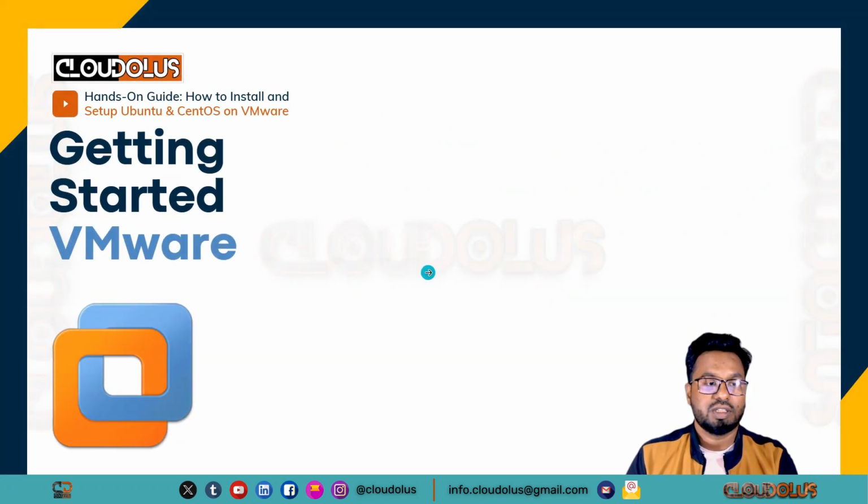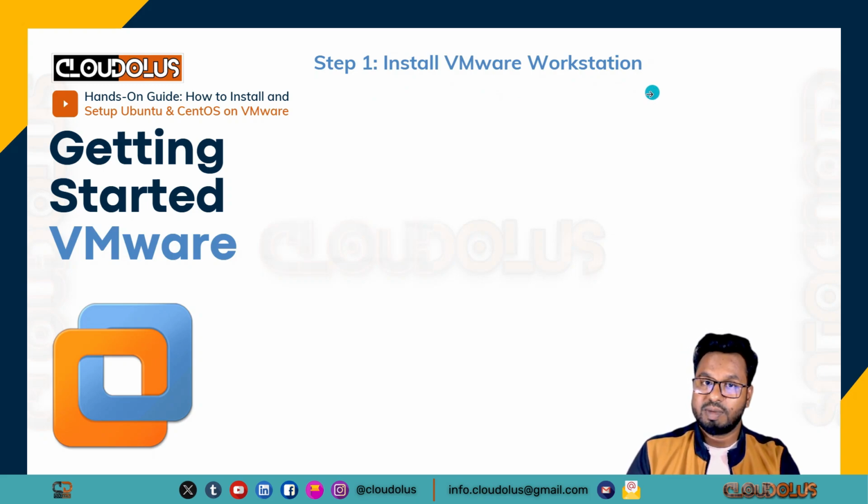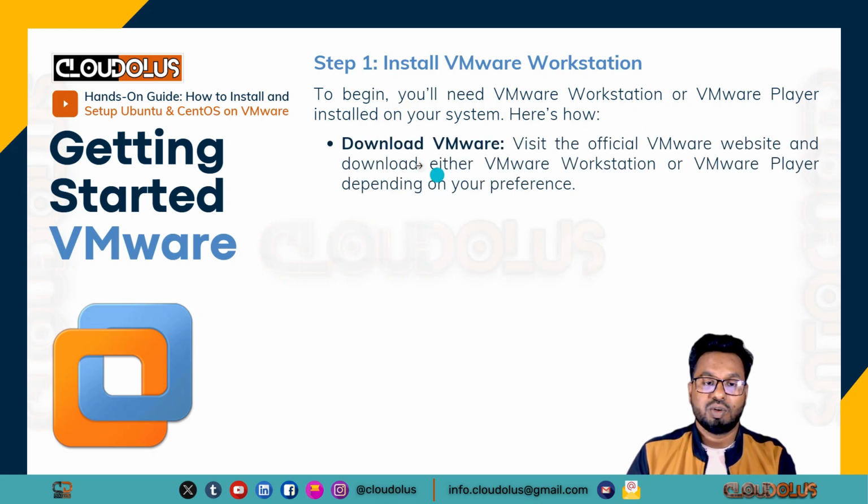Next we will go with getting started with VMware. The first step is to install VMware Workstation on your local machine. You will need VMware Workstation or VMware Player installed on your system. Here is how: visit the official VMware website and download either VMware Workstation or VMware Player, depending on your preference.